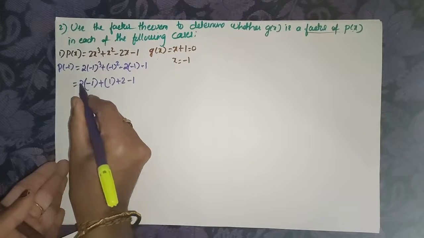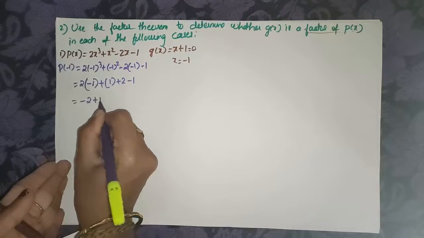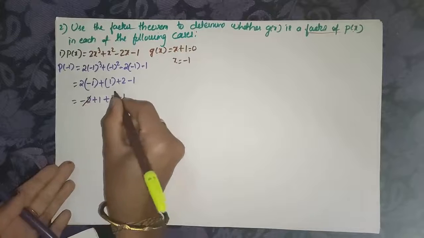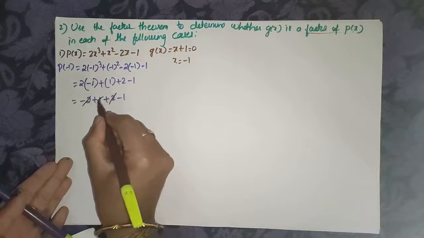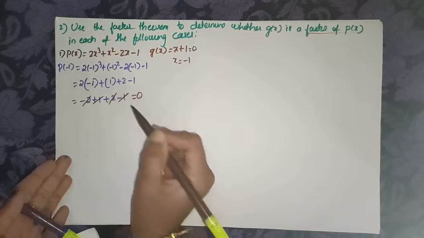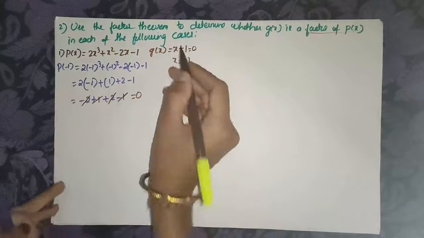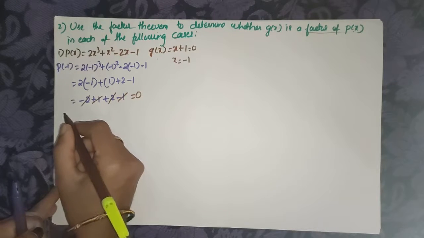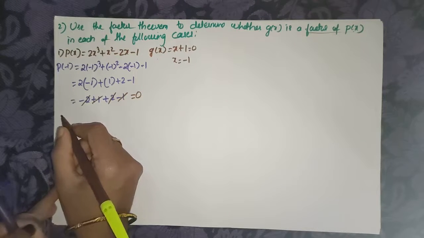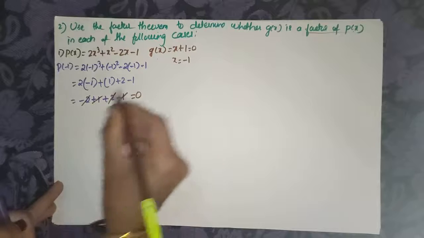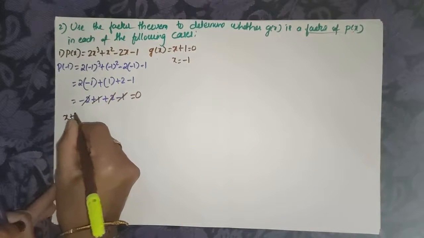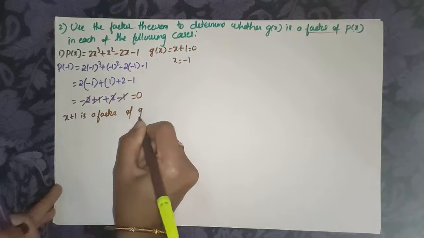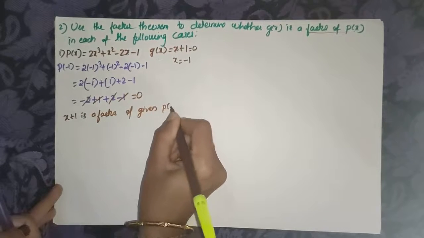So this is minus 2 plus 1 plus 2 minus 2. Again see here minus 2 plus 2 becomes 0, plus 1 minus 1 becomes 0. So total it is 0. So it means yes, here g of x is a factor of p of x. So x plus 1 is a factor of the given p of x.